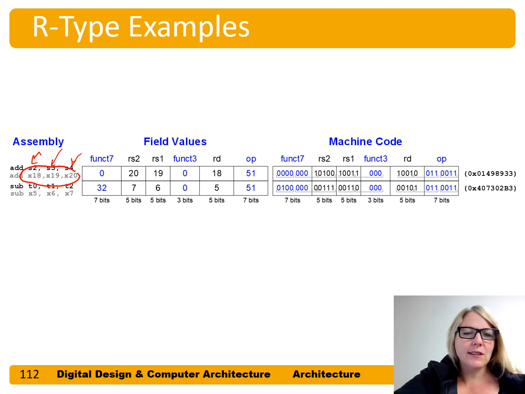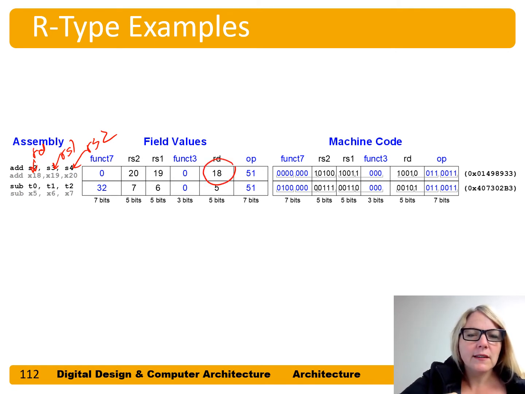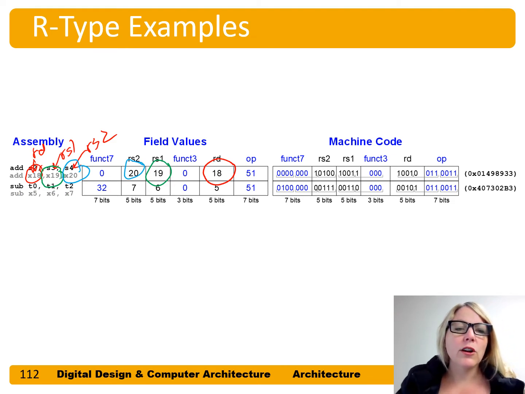So the destination is X18, RD, and the 2 source operands, RS1 and RS2, are 19 and 20. So in our RD field, we put 18. And now we go to our RS1, our first source register, 19, and our second source register, RS2, is 20. And so we encode our operands in the instruction.